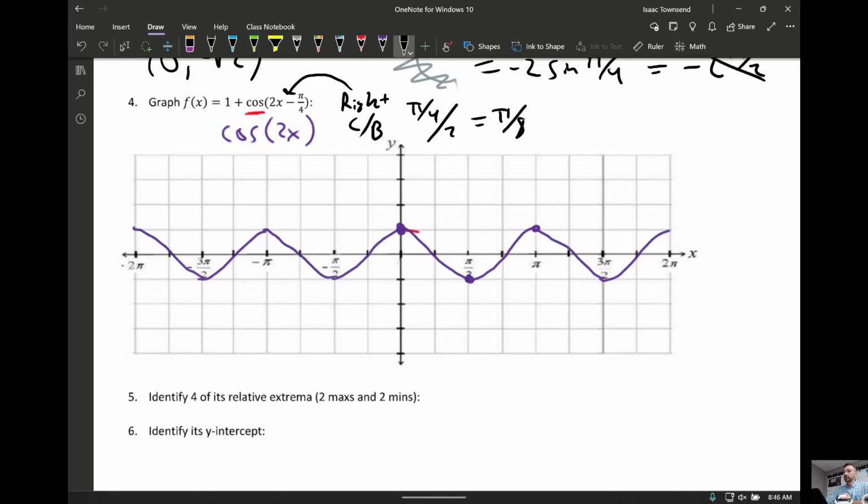So if all the way to the right is 2 pi, half of that is 1 pi, half of that is half of a pi, half of that is pi over 4, and half of that is pi over 8. So I need to move everything to the right half a tick mark. So bump all of these points half a tick mark to the right.